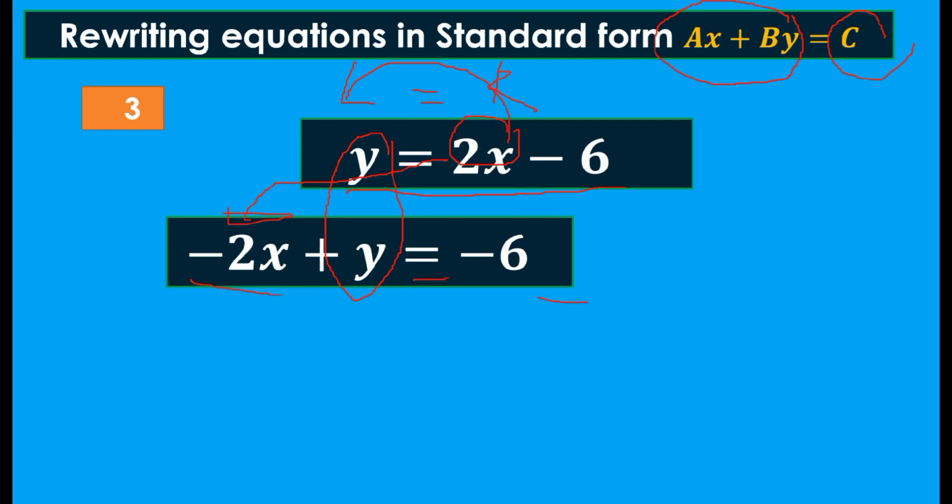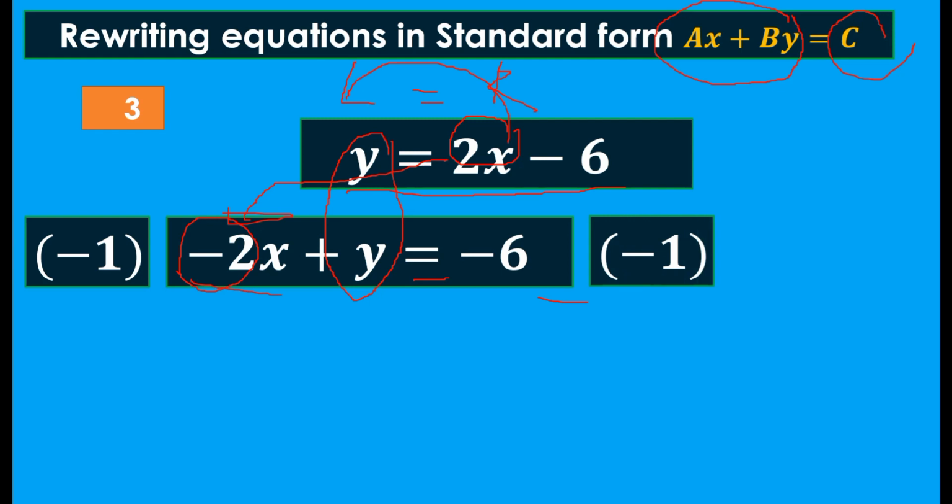But like what I've said a while ago, your a should not be negative. So what shall we do now to remove your negative? So we multiply both sides of the equation by negative 1, or we divide both sides of the equation by negative 1. So multiplying now by negative 1 both sides of the equation, we are just going to distribute.